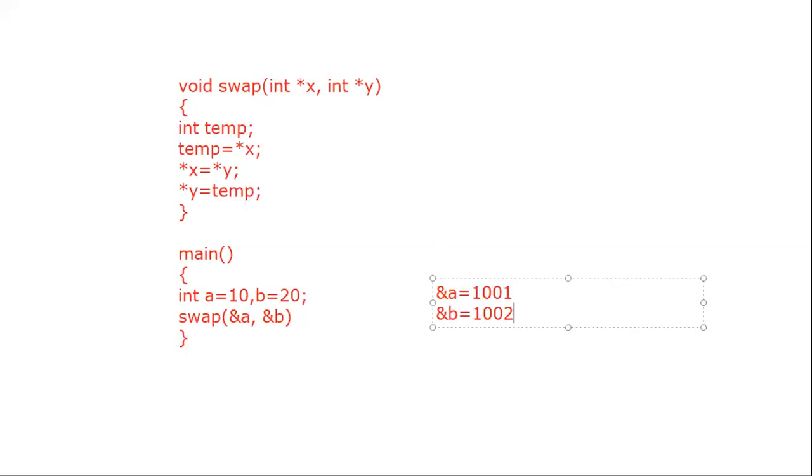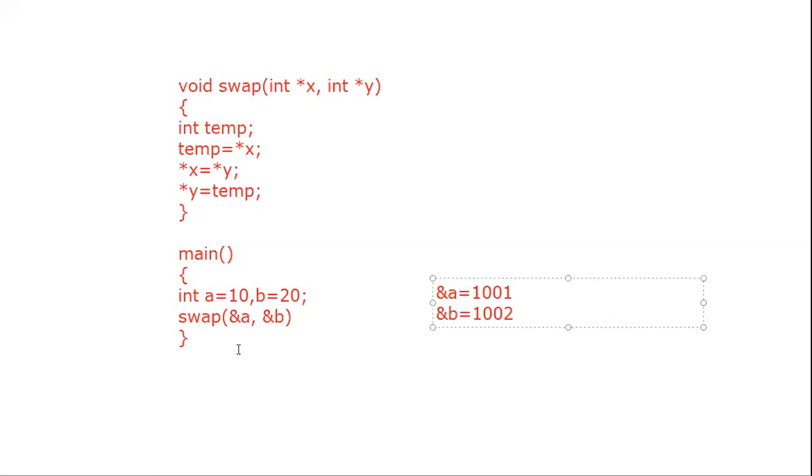So the call directly transfers both addresses. What values does the function receive at the time of call? 1001 and 1002, because we are talking about pointers, and we are going to pass the addresses.